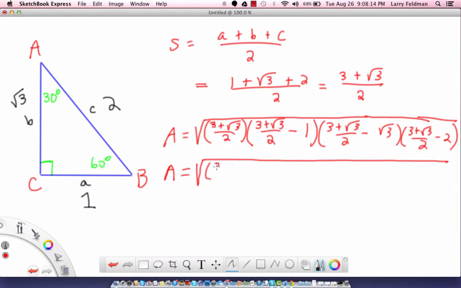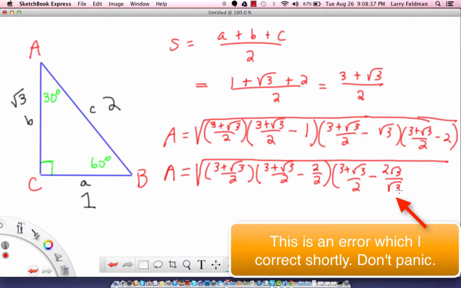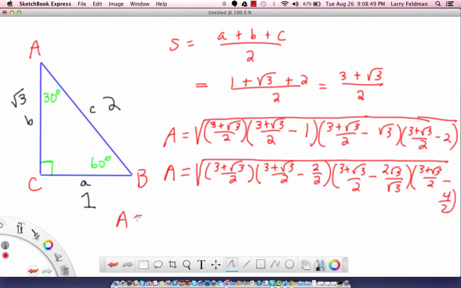We get 3 plus root 3 over 2 times 3 plus root 3 over 2 minus 2 over 2. I need a common denominator to subtract the 1. Then 3 plus root 3 over 2 minus 2 root 3 over 2, another common denominator, then 3 plus root 3 over 2 minus 4 over 2. Let's keep going.